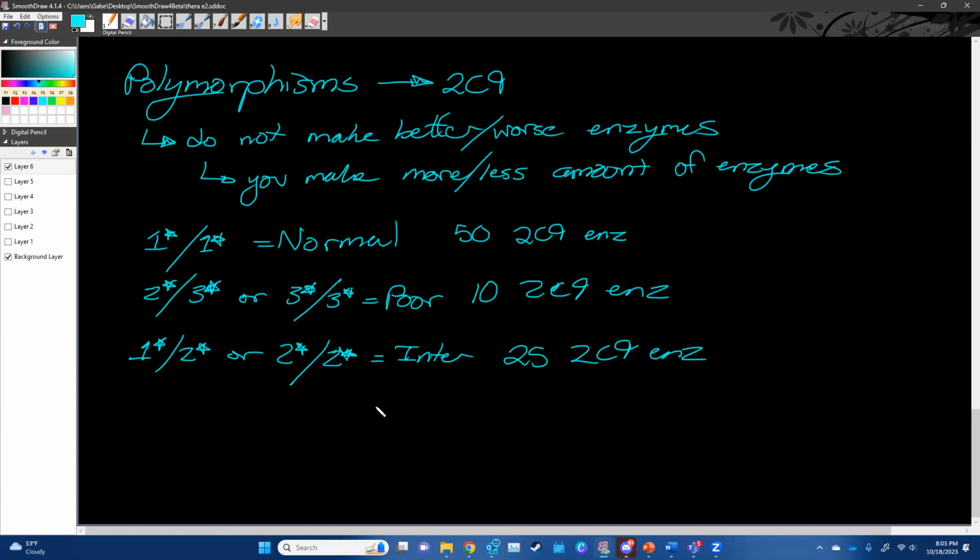Now, a couple of key points to remember about polymorphisms. Are polymorphed enzymes inducible? Can we induce or inhibit polymorphed enzymes? 100%.